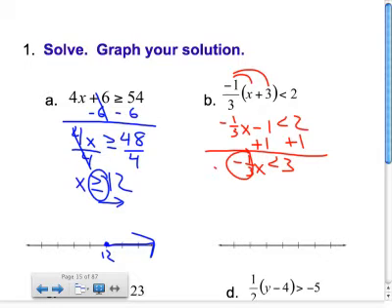So the reciprocal of negative 1/3 is negative 3 over 1, or just negative 3. So I multiplied both sides by negative 3. Since I multiplied both sides by a negative, I have to flip my inequality now, so it goes the other way. And so it says x is greater than negative 9. So if this guy right here is negative 9, we're strictly greater than, so that means open circle, shade to the right.